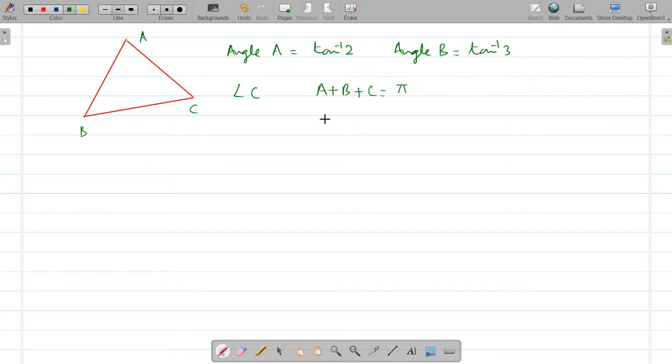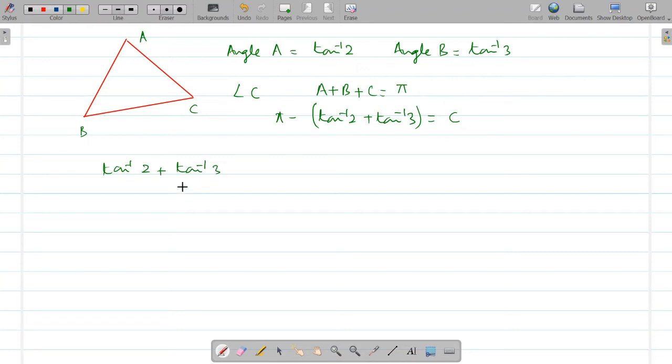So we can write that tan inverse of 2 plus tan inverse of 3 is equal to pi minus angle C. Now we'll use the formula of tan inverse of x plus tan inverse of y.